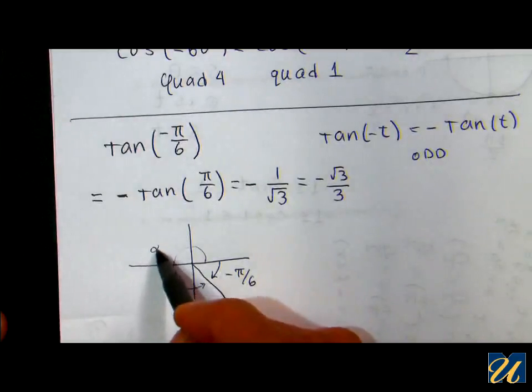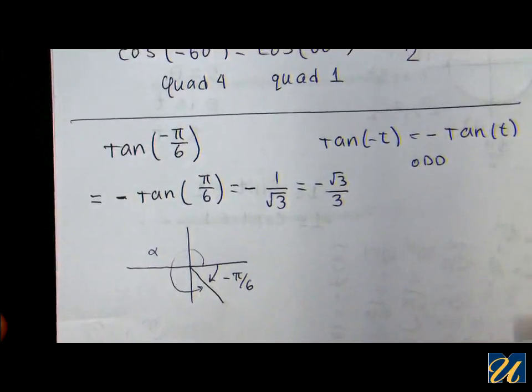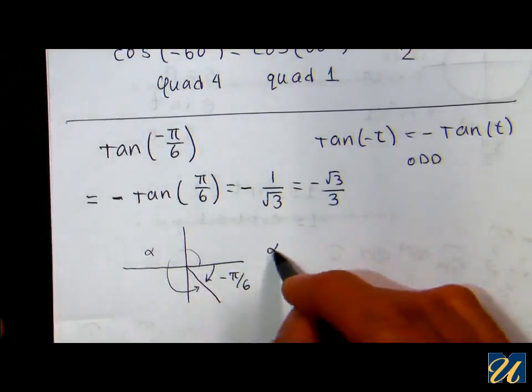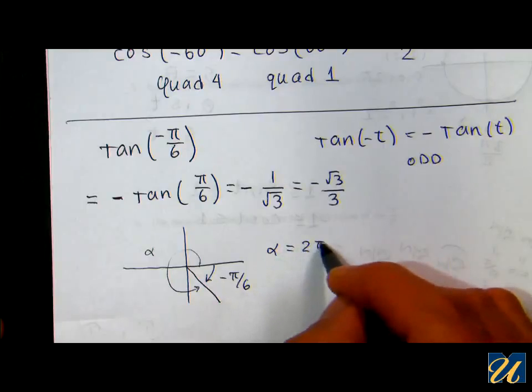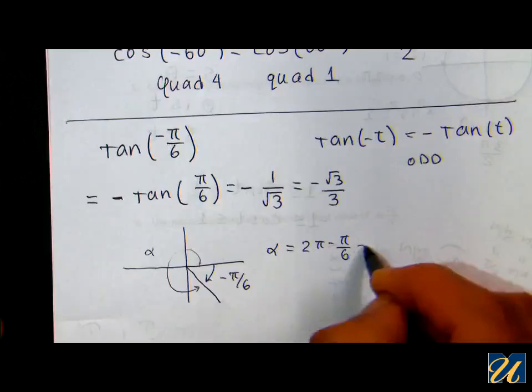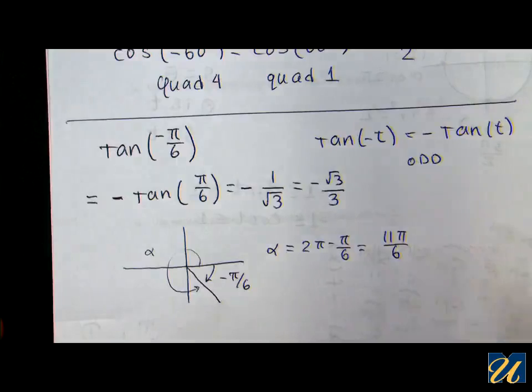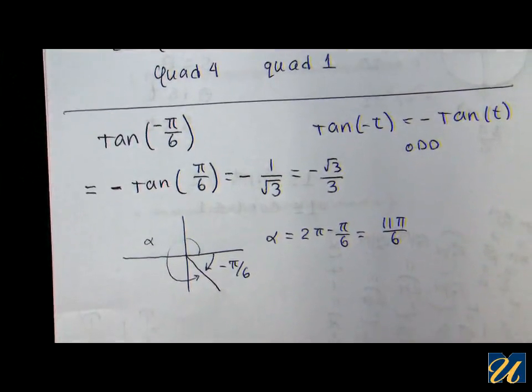Alpha would be 2 pi minus pi over 6, so that's 11 pi over 6.